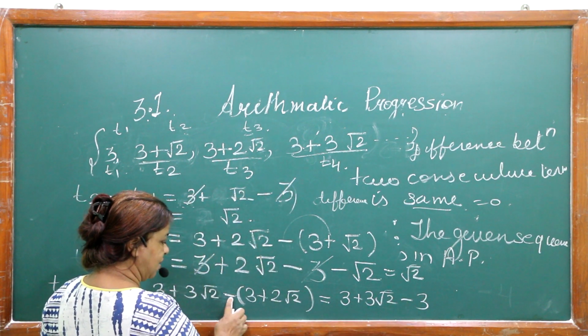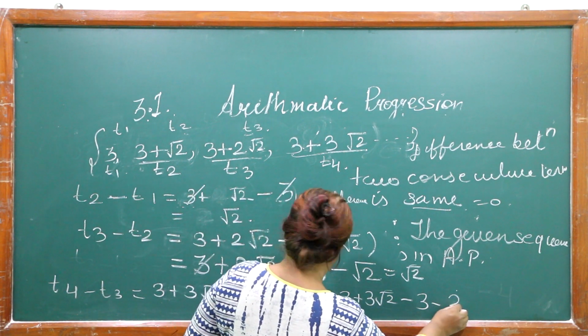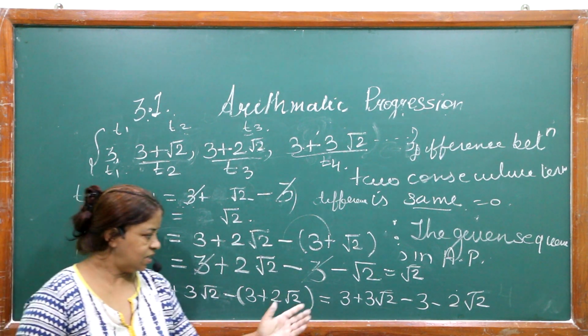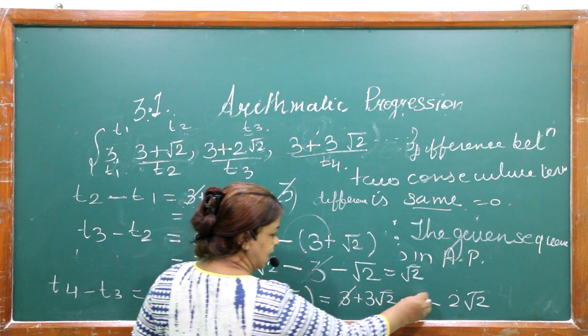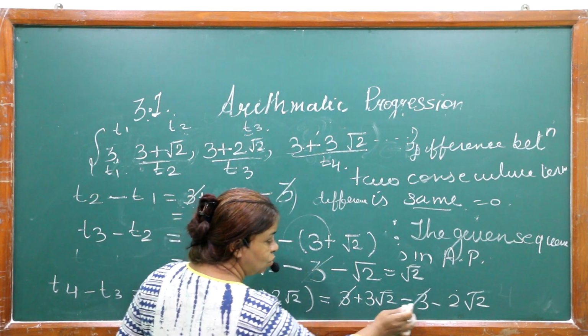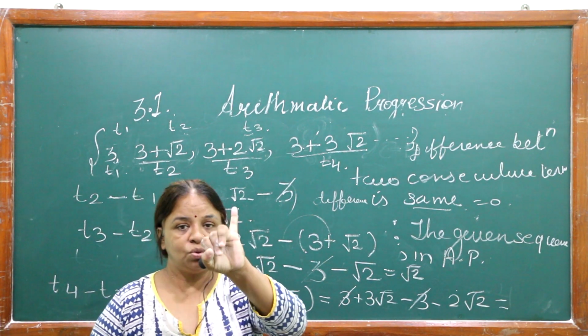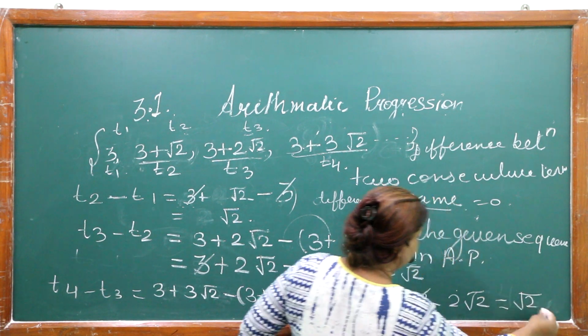This is plus, outside the bracket minus, so plus will become minus 2 root 2. Yes, children, it's very simple. Now this is plus 3, this is minus 3. It gets cancelled and you are left with 3 root 2 minus 2 root 2. Yes, this will be root 2.